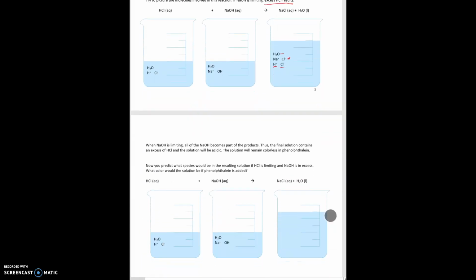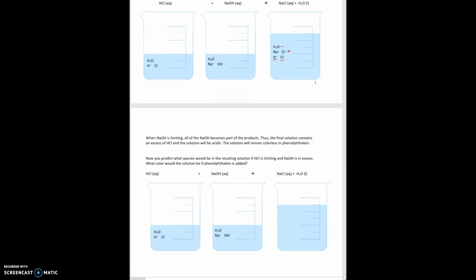Now, what happens if sodium hydroxide is in excess and the HCl, the hydrochloric acid, is limiting? You start with the same two containers. And now in your final container, after you mix them, you're going to have water again. You're going to have sodium chloride in the form of sodium ions and chloride ions.